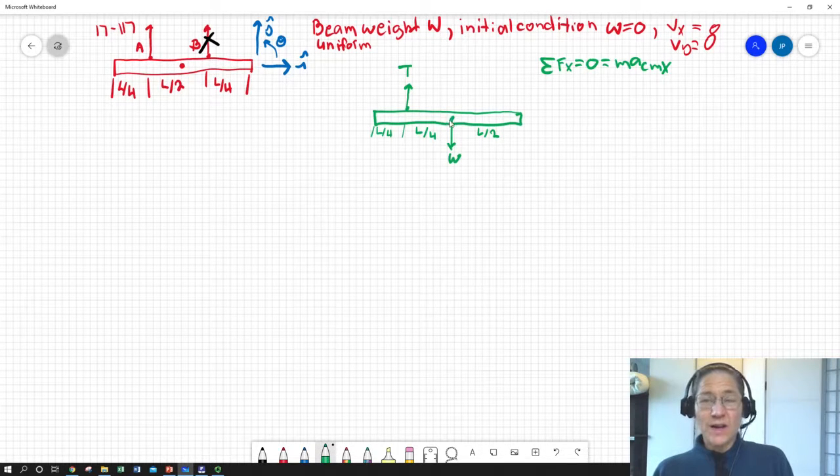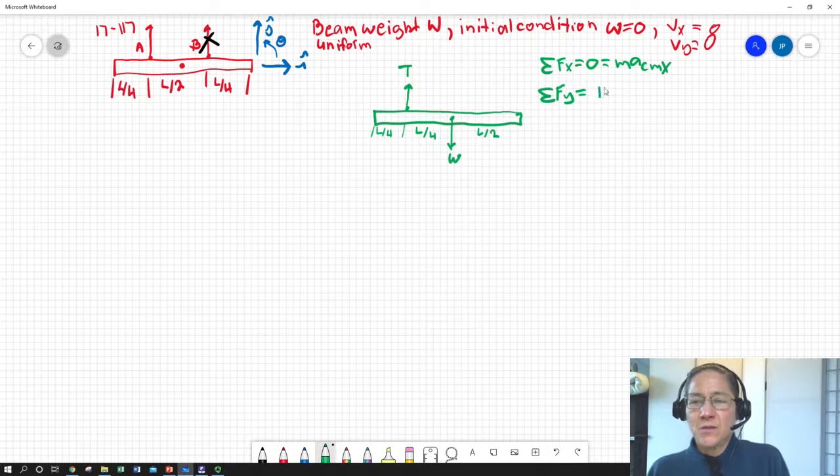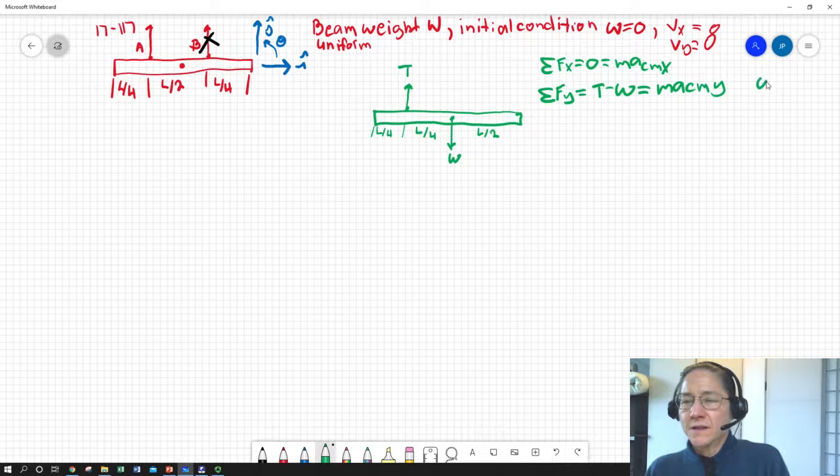That's going to change very quickly as it starts to rotate a little bit, and then all of a sudden T and W are going to be pointing a little bit sideways maybe, but at this instant, no. We can look at the sum of the forces in the y, and those are going to equal T minus W, and that's going to be equal to the mass times acceleration of the center of mass in the y. We can note here that W equals m times g, so we can use g.